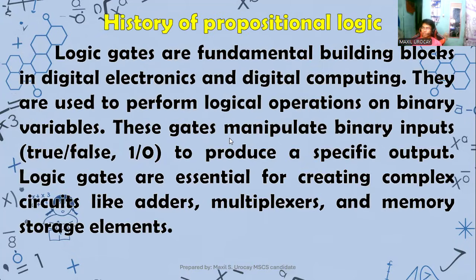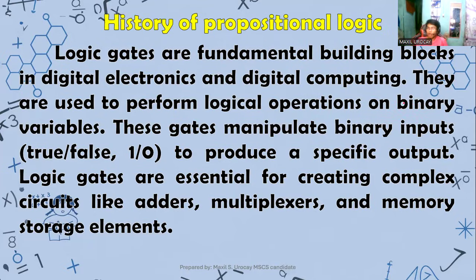Now, the history of propositional logic. Logic gates are fundamental building blocks in digital electronics and digital computing. They are used to perform logical operations on binary variables. These gates manipulate binary inputs, true, false, 1 or 0, to produce a specific output. Logic gates are essential for creating more complex circuits like adders, multiplexers, and memory storage elements. So we will deal with logic gates, but class, we will not include that in the prelim term.